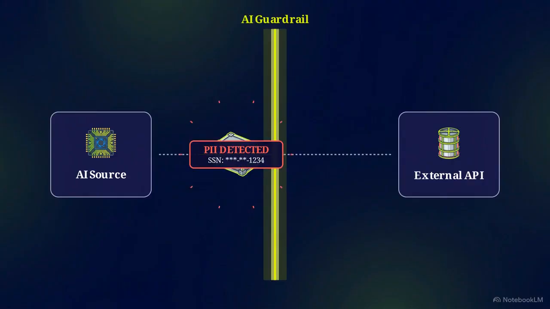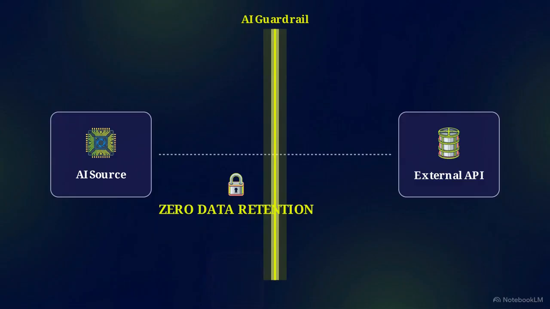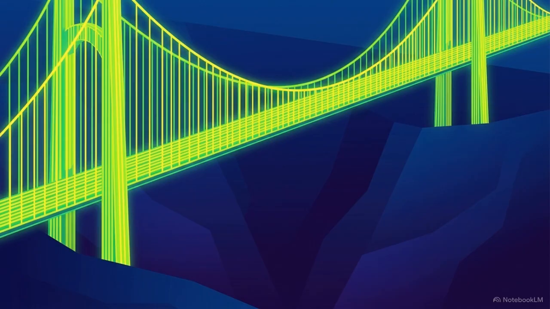The checkpoint scans the payload. If it spots private information, it drops the packet entirely. Furthermore, proprietary inputs are processed locally and immediately discarded, ensuring your data is never retained. Implementing strict data interception and localized processing ensures the architecture is secure. The technology matures from an experimental toy into highly reliable core infrastructure.